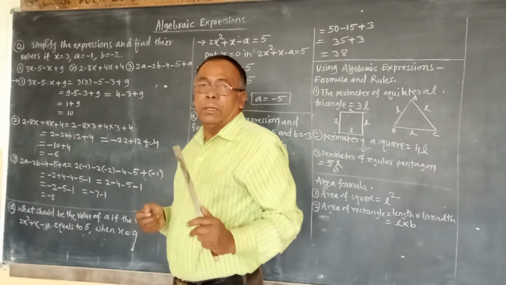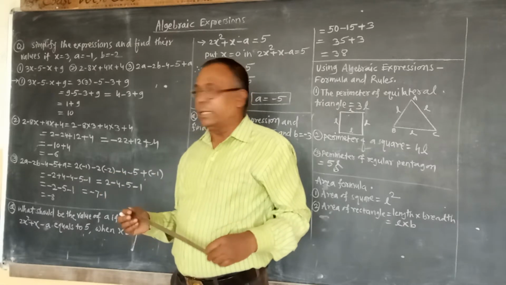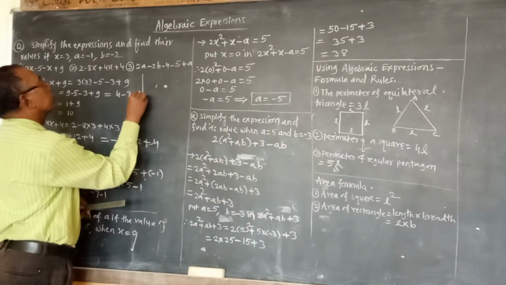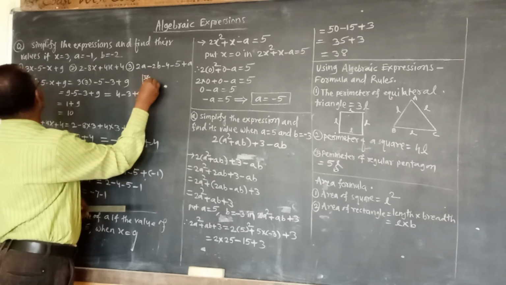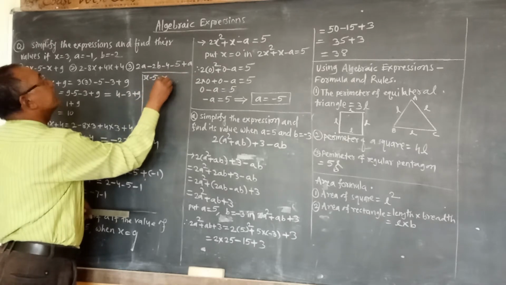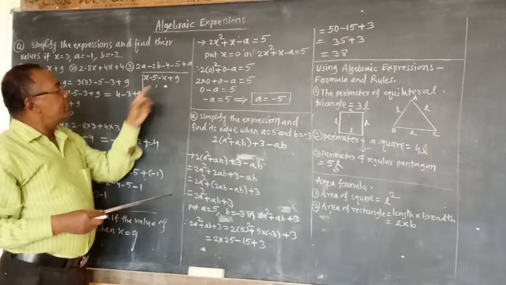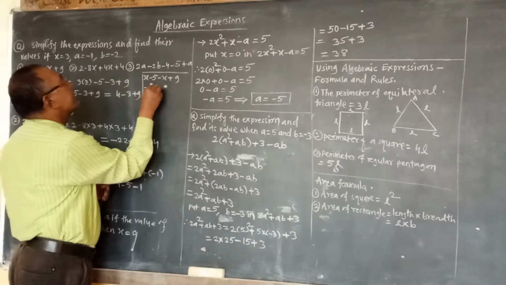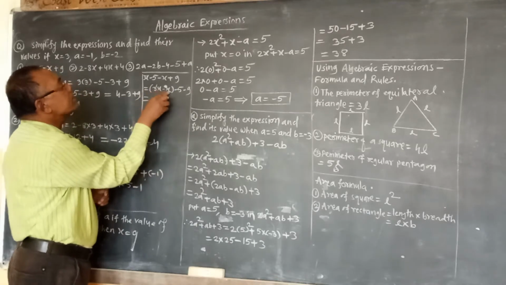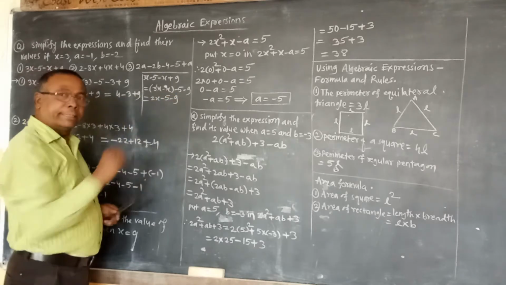This example can be solved in another manner. Here we have 3x minus 5 minus x plus 9. Now combining the like terms, we can write 3x minus x minus 5 plus 9, and 3x minus x will be 2x, minus 5 plus 9.